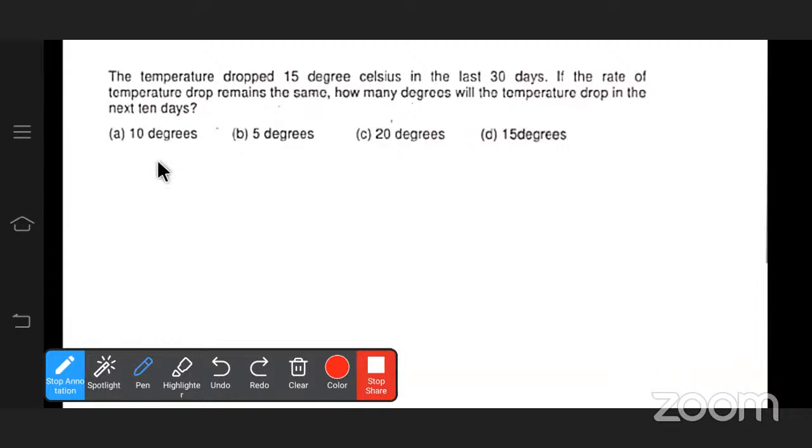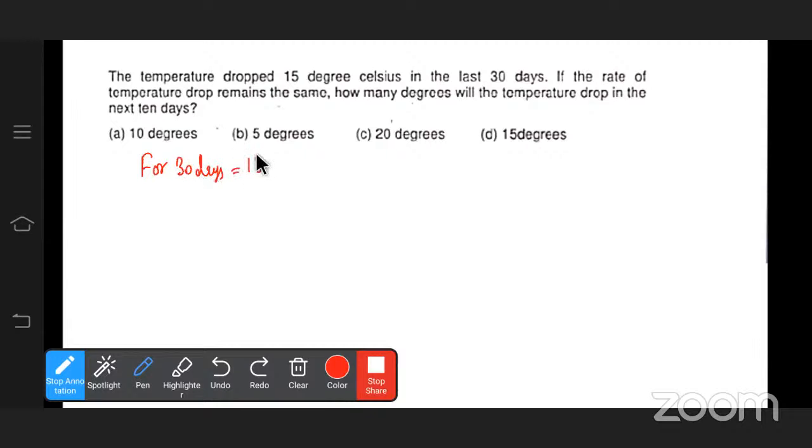So it's like the number of chocolates: what is the cost of 50 chocolates? Like that, the price is given. So for 30 days, the temperature drop is 15 degrees.